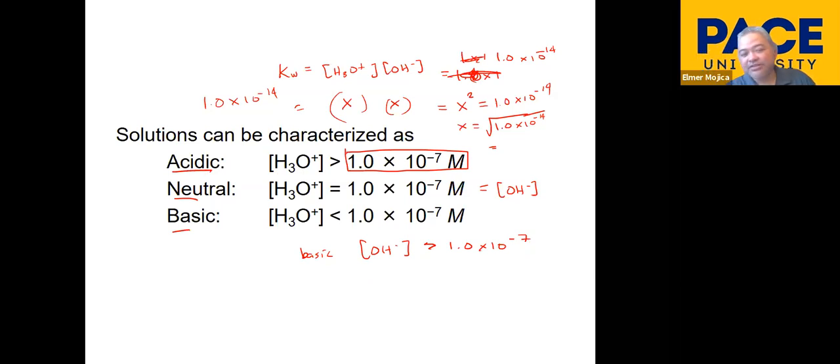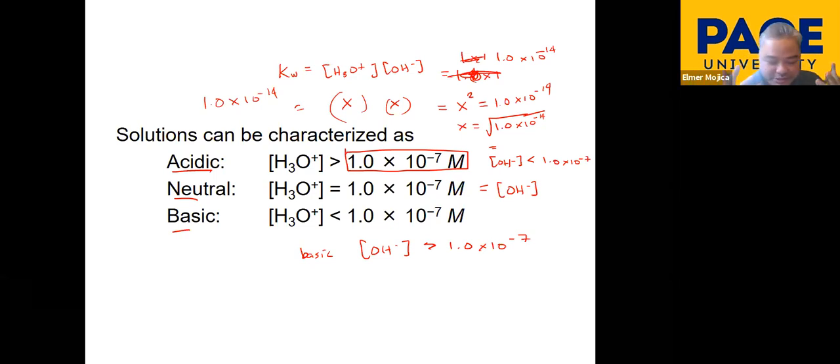Because as you could see here, all of them are what? Hydronium ion. So what can you say about the hydroxide ion? For the acidic, your hydroxide ion is less than 1.0 times 10 to the negative 7. And later on, we will simplify the way of determining whether it's acidic, basic, or neutral.